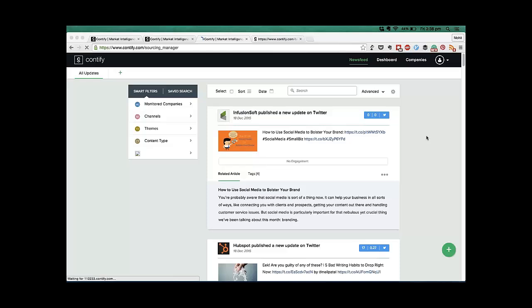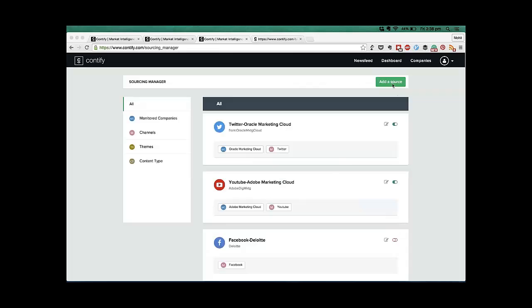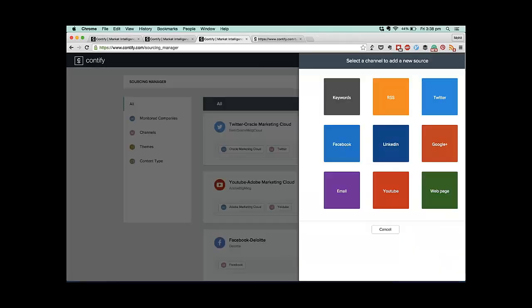In the sourcing manager, these are the sources that are already configured: Twitter, Oracle Marketing handle, Facebook page, LinkedIn profile, Google+, email, YouTube, and a general web page.